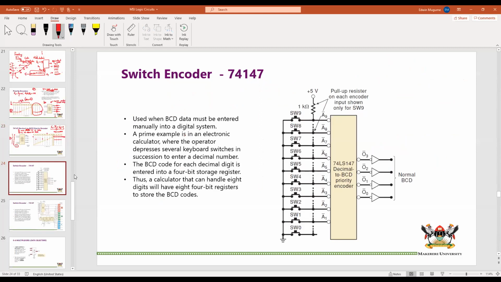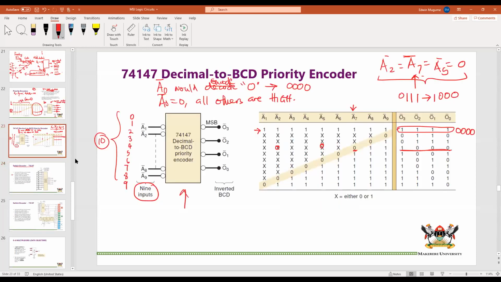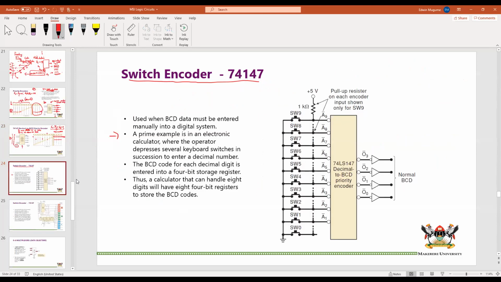Let us look at this. You don't have to read this. Now, this is called a switch encoder, and it uses our 74147. In other words, we expect that out here, it has inverted BCD, and that's why they've put inverters to give your normal BCD.